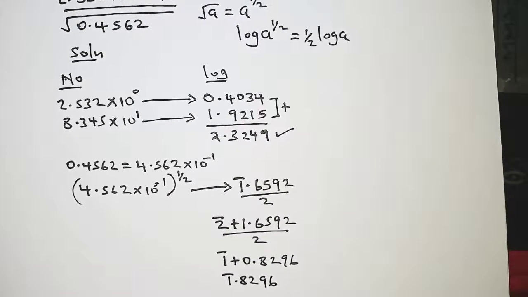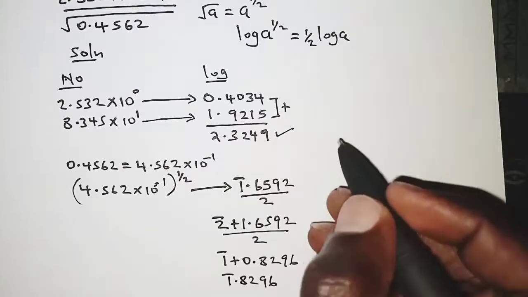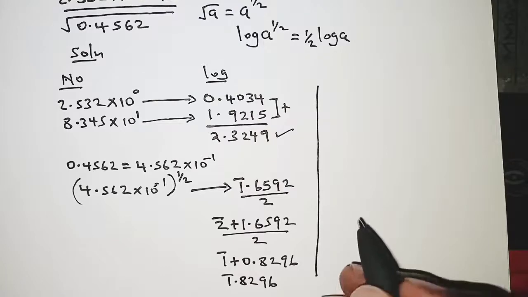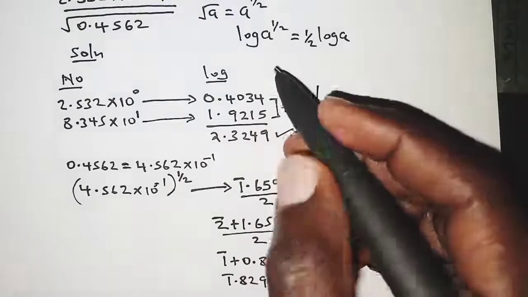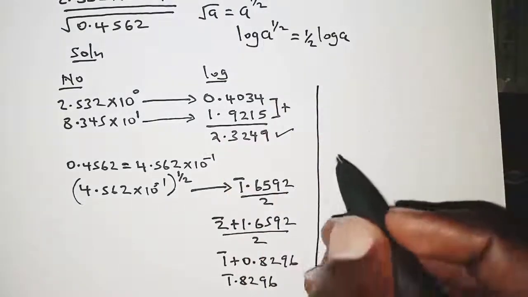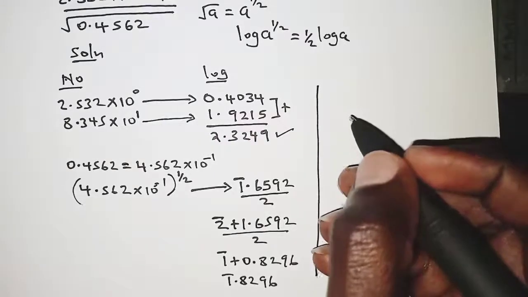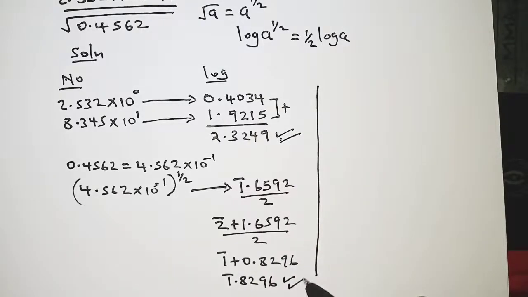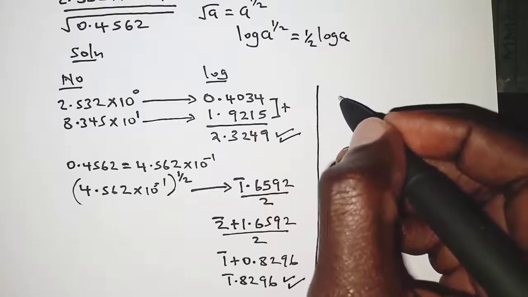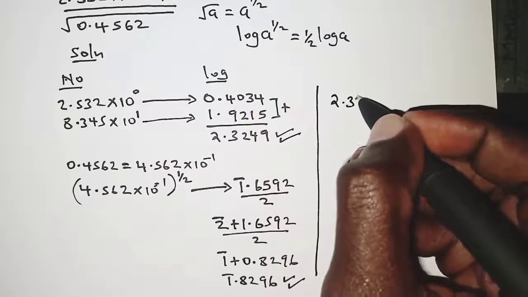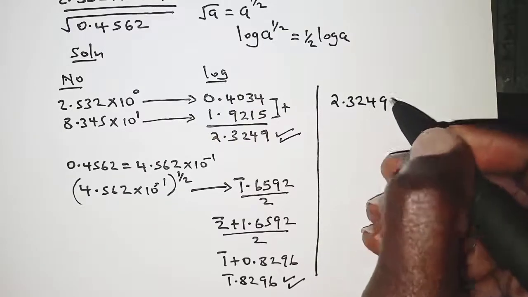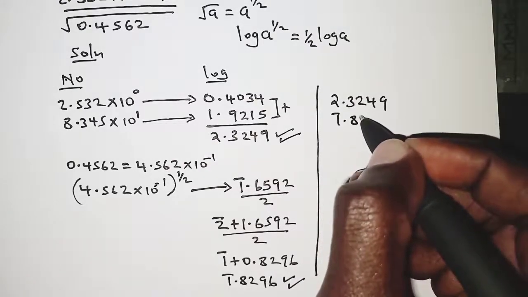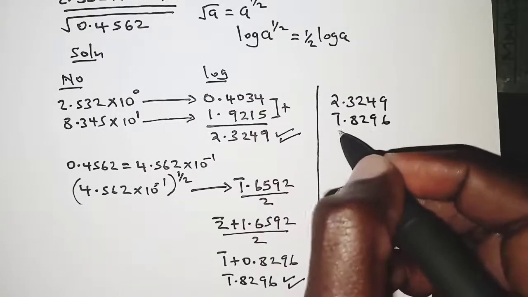Once we've obtained that, the next step is to have the numerator over the denominator, and for the case of logarithms, that is division, so we subtract. So on the numerator we had 2.3249, and for the denominator we had bar 1.8296.